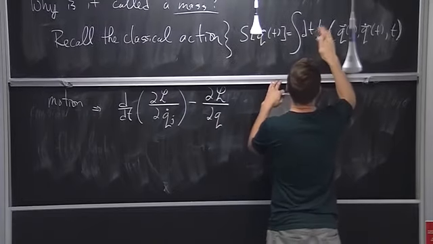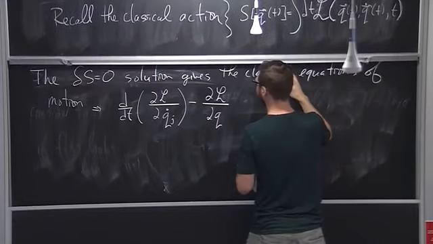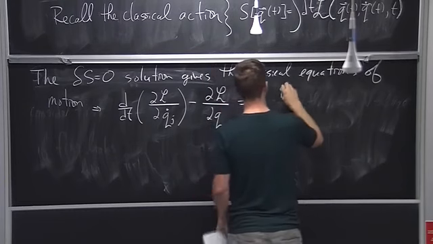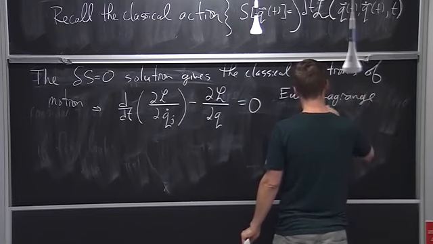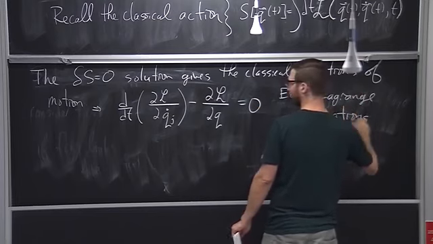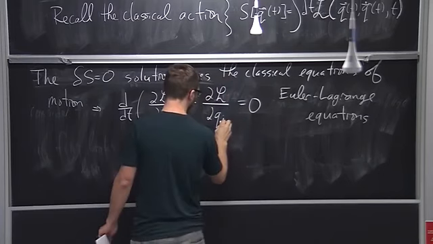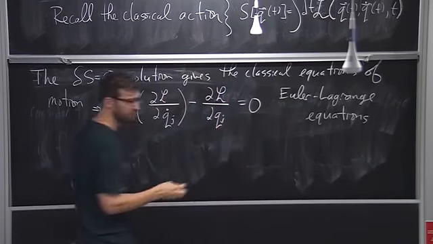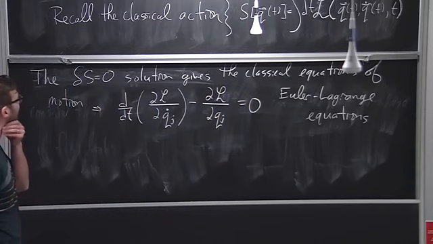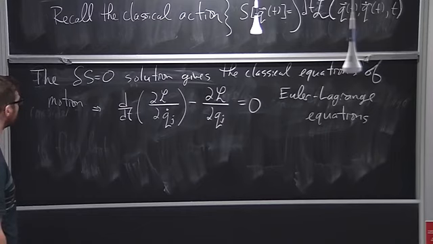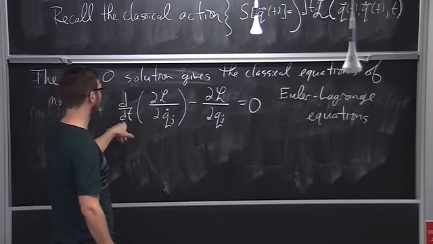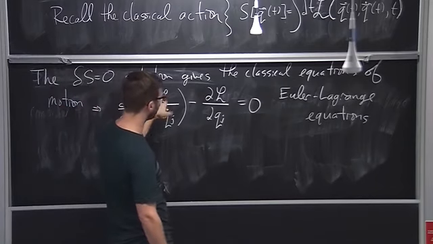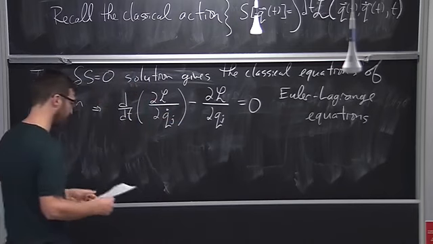I'm using curly L's here. You get one of these equations for every coordinate that I've labeled J here. Again, just classical mechanics. If you have a classical action, you get your Euler-Lagrange equations of motion: you take a time derivative of the derivative with respect to that coordinate's velocity, minus the derivative with respect to the coordinate.